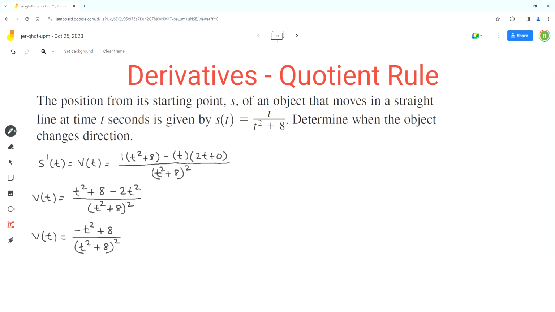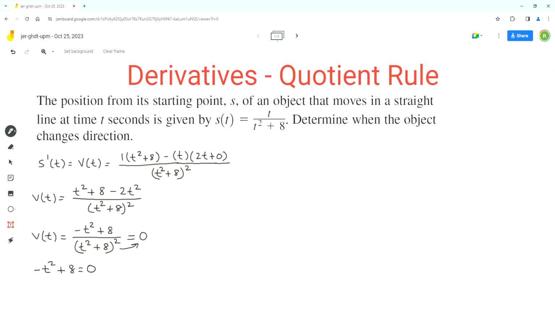So now we'll set this velocity function equal to 0 and solve for the time at which the velocity is 0. We'll cross multiply the denominator, so we get negative t squared plus 8 equals 0, since 0 times (t squared plus 8) squared is also 0.